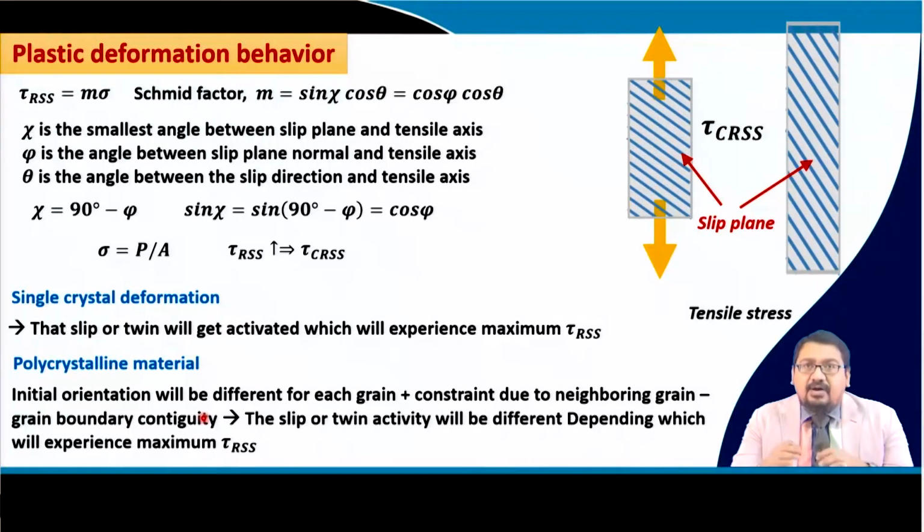So, slip and twinning activities, or multiple slips, or the combination of multiple slip and twinning in different grains will be different in order to sustain that applied load P and in order to maintain the grain boundary contiguity. So, those slip systems whose tau RSS, whose resolved shear stress, will reach the critical resolved shear stress of that slip system will start to deform plastically in order to make the plastic deformation possible.